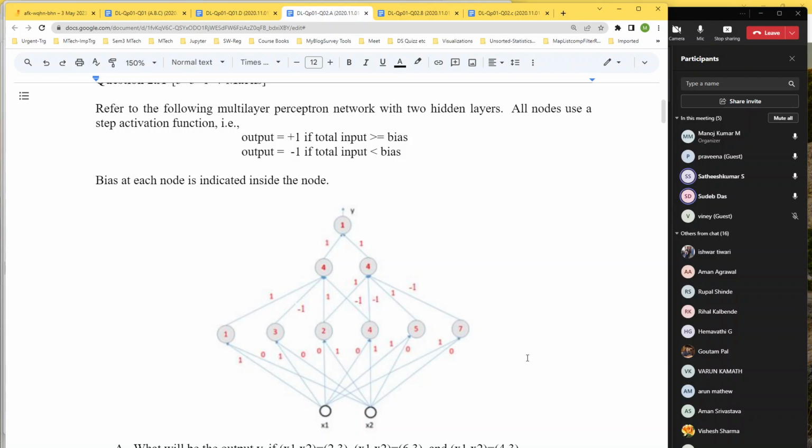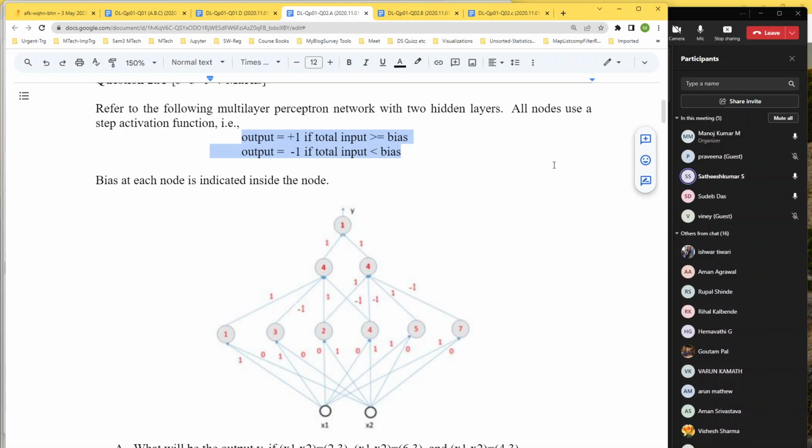Y is the output, and X1 and X2 are the inputs. Our middle layer has nodes 1, 3, 2, 4, 5, 7. Those are the hidden layer, and 1, 3, 2, 4, 5, 7 are biases.